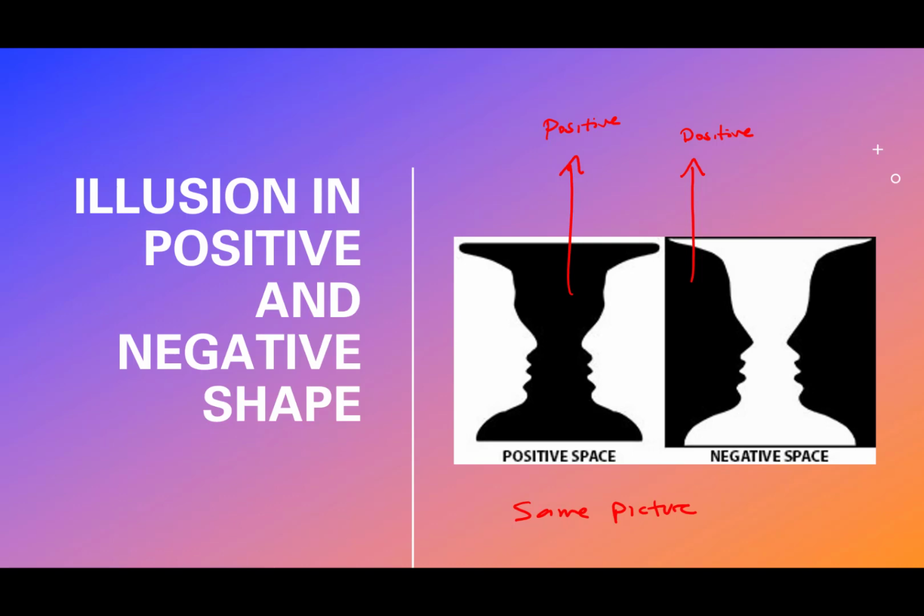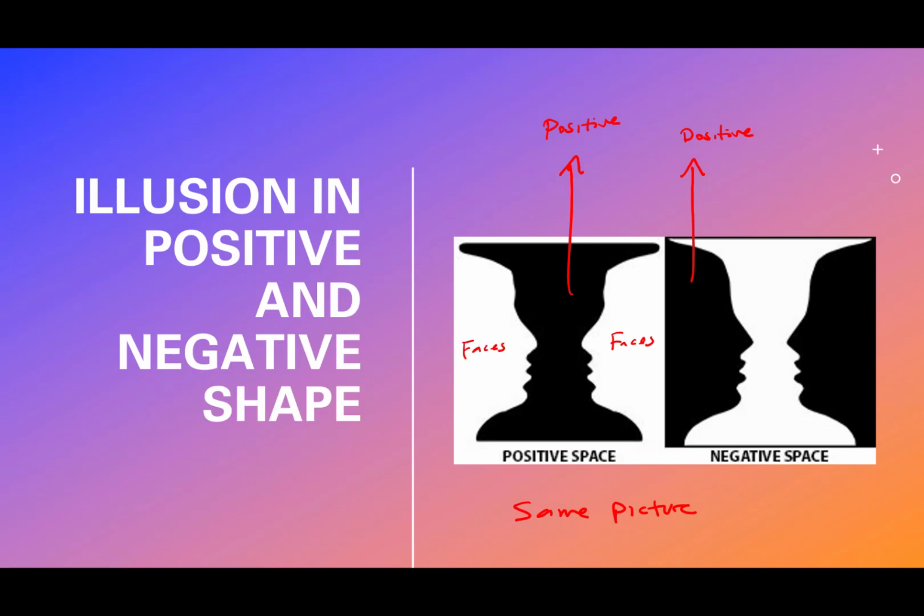When the vase or candle holder is positive, then you see that first most of the time. Unless you've seen these before, then sometimes your brain can play tricks on you. And then you see faces in the negative.